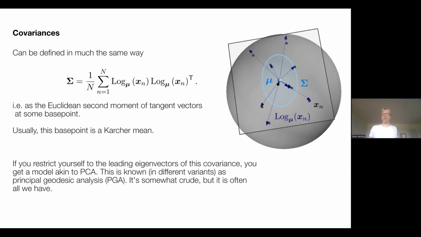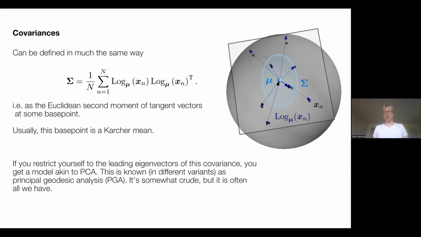Once you have that covariance, you can start doing the usual things we do with covariances, such as eigendecompositions. If you find the leading eigenvector of that covariance, that's a direction in the tangent space that spans a geodesic. This geodesic is known as the principal geodesic of your data, and it's used as a substitute for PCA.